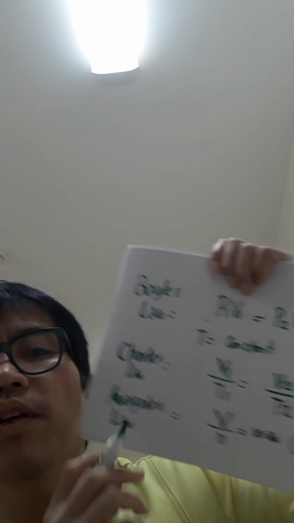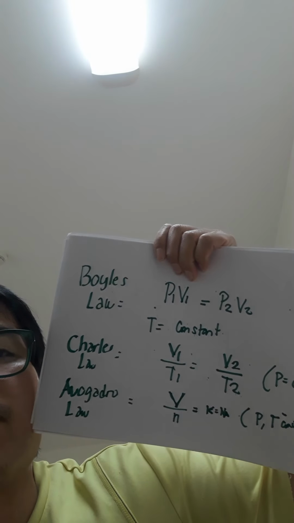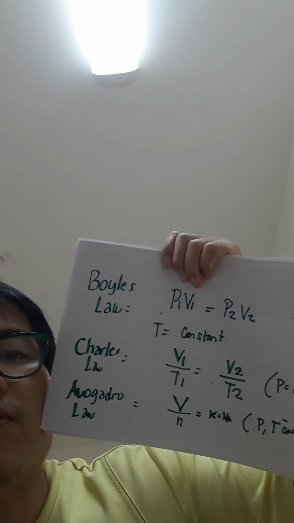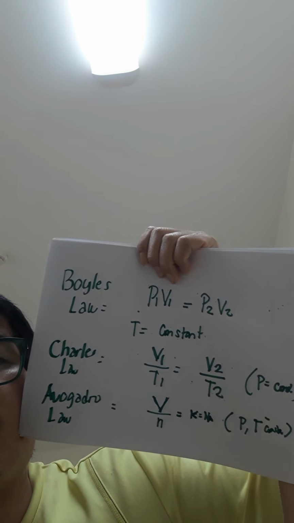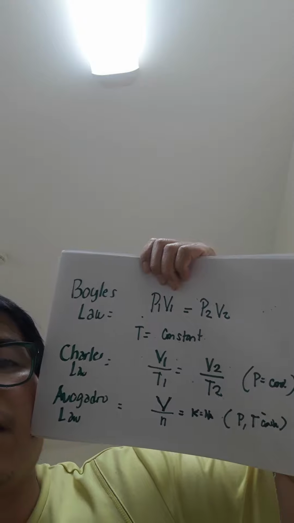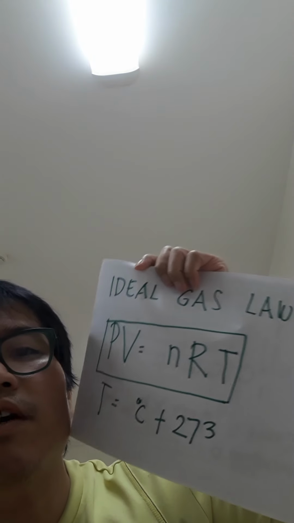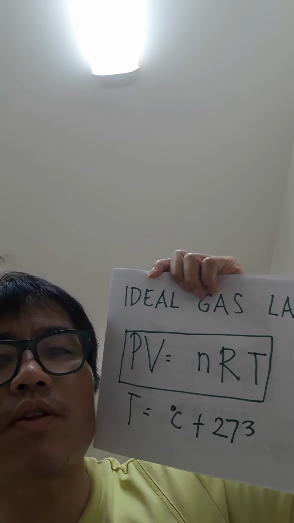This is the Avogadro law: volume divided by the amount of substance is equal to a constant, represented as Na, and pressure and temperature are the constants. So combining this all through derivation, we can get this formula: PV equals nRT. That will be about the ideal gas law.